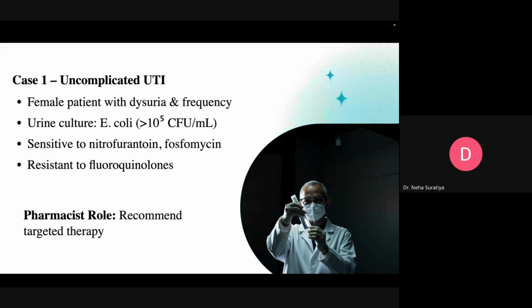So every report is connected when you are deciding a therapy. Correct? Are you able to understand this? I have summarized everything in this case.